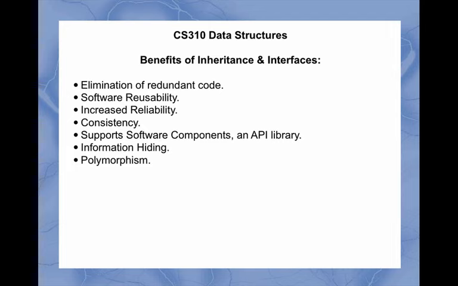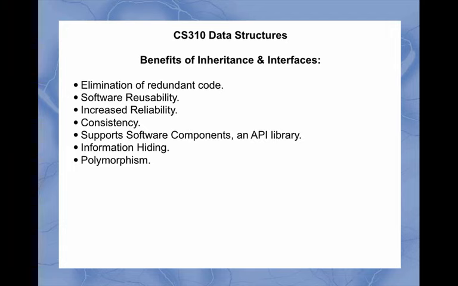Some benefits of using inheritance and interfaces. One is the elimination of redundant code. This is kind of self-explanatory. If we have name, address, city, state, zip in class person, then we don't need to repeat the variables name, address, city, state, zip in class faculty or class professor.